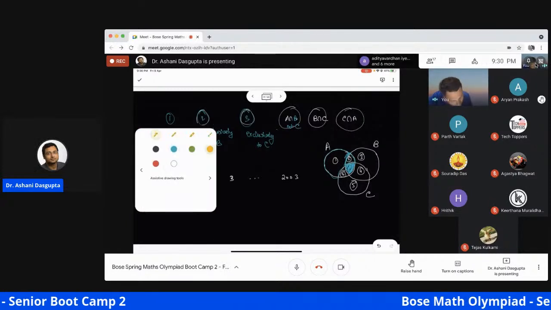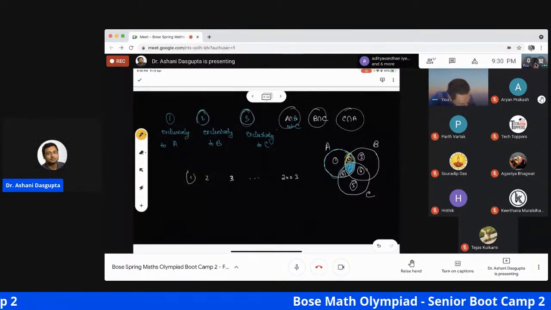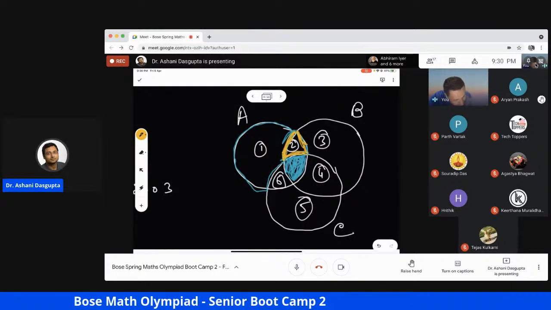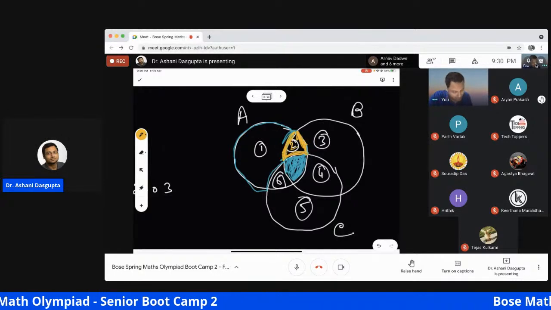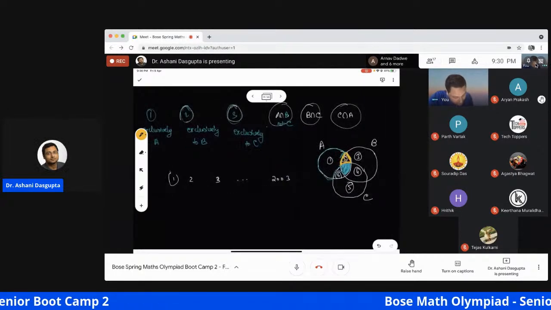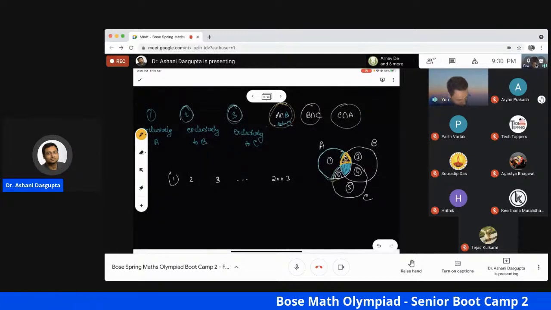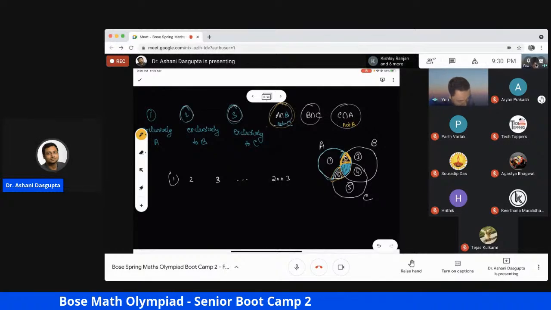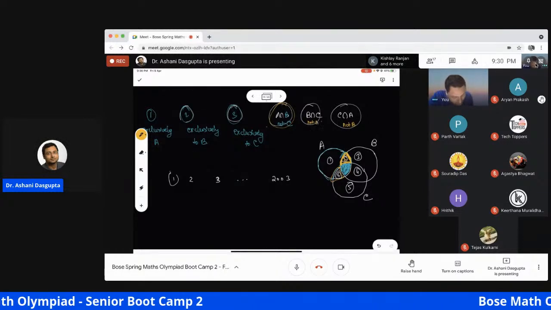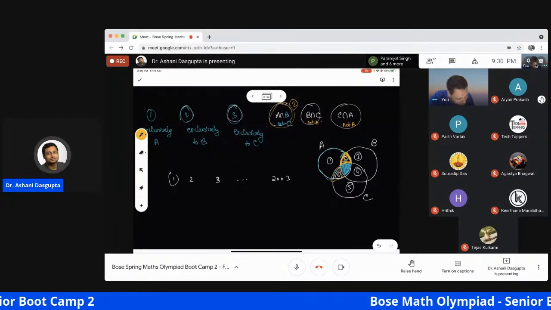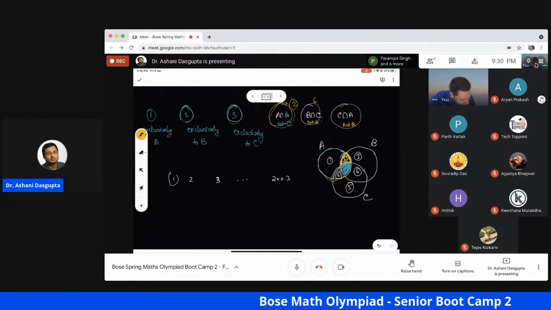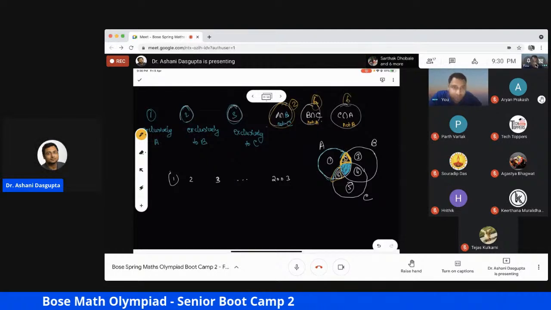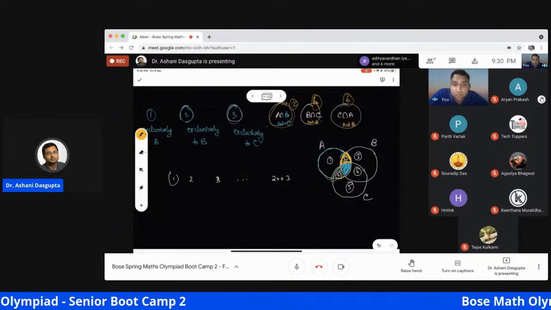This is in golden maybe. A intersection B, not C. So this is golden. And then we have A intersection C, not B, and B intersection C, not A. So we have 6 regions.